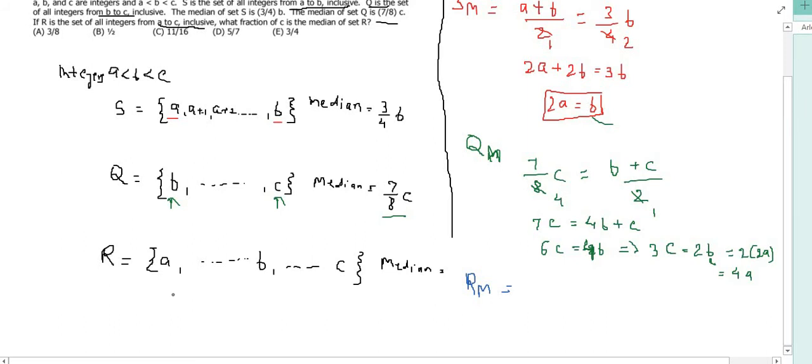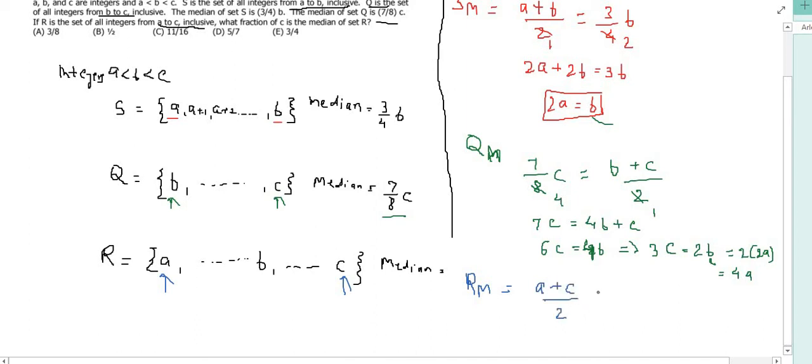So what will be the median of R, RM? I know the first term of R and last term. I can calculate its average, and that average is going to be equal to its median. So the mean will be (A plus C) by 2.